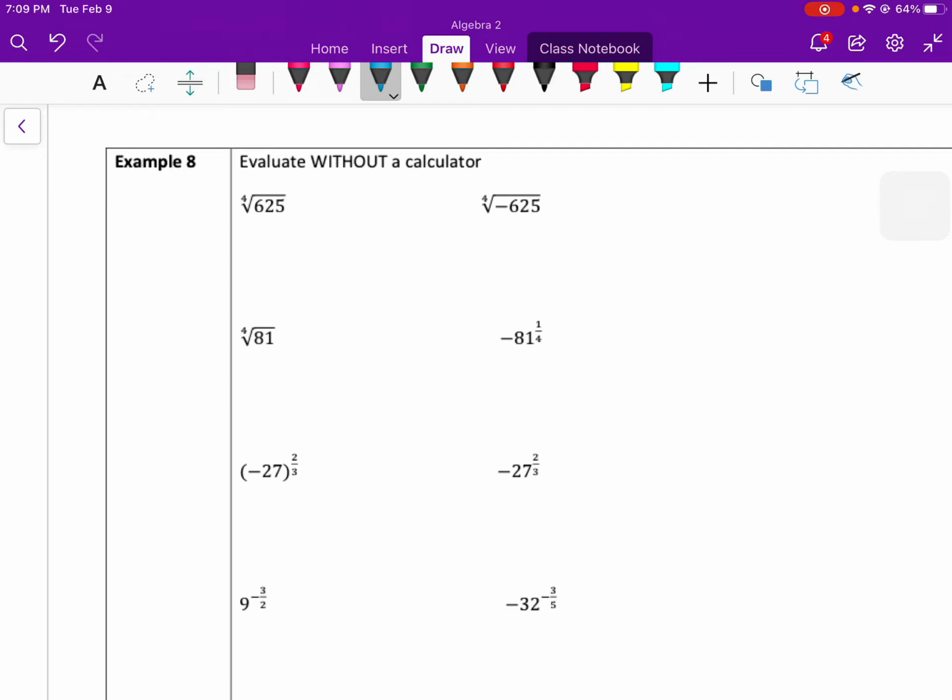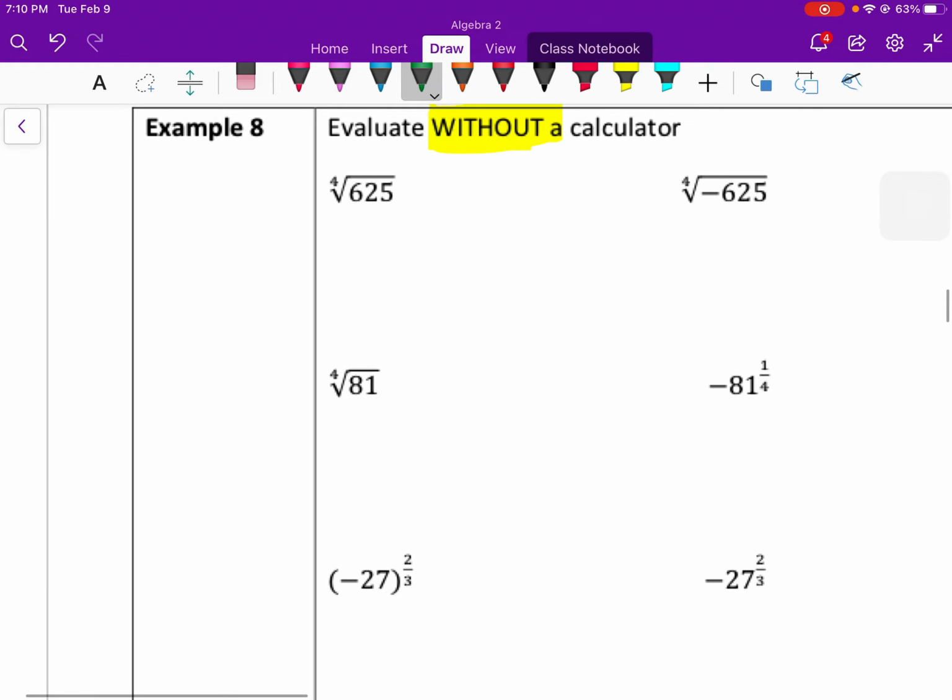All right, now, from the practice we've had, we should be able to do these without a calculator. There won't be calculators on the exam, so we're going to want to be able to get that practice. This first one is the 4th root, and 625 is 25 squared, so we have 25 times 25, so we can break that down to 5 times 5 times 5 times 5.